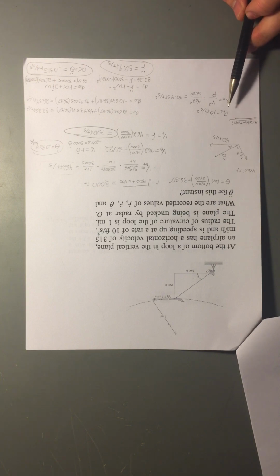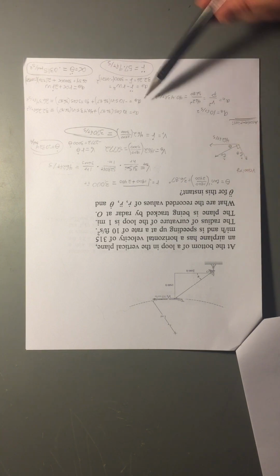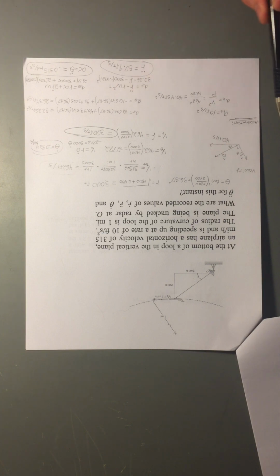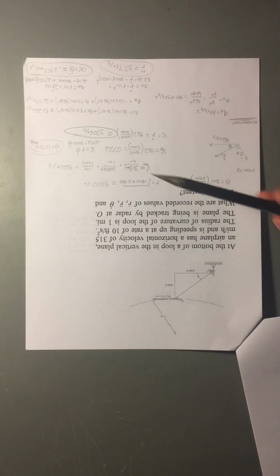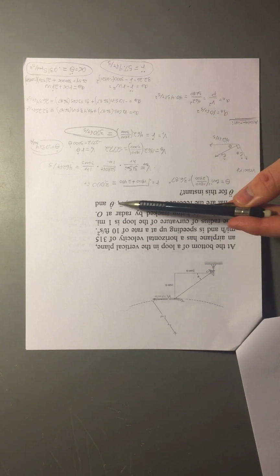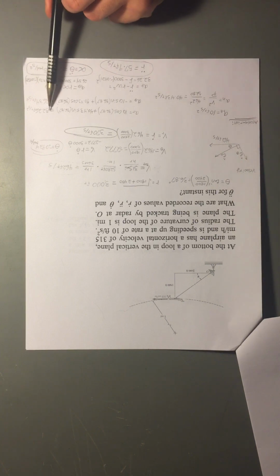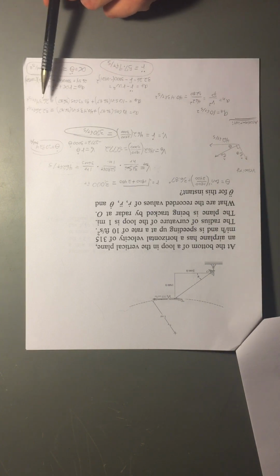To find the values the question was asking for, we needed to convert these into the other coordinate system. So that's what I've done here. I've taken the values that we had for the tangential acceleration and the normal acceleration and converted them into something we could use to find theta double dot and r double dot. These are the values that I got from that conversion.